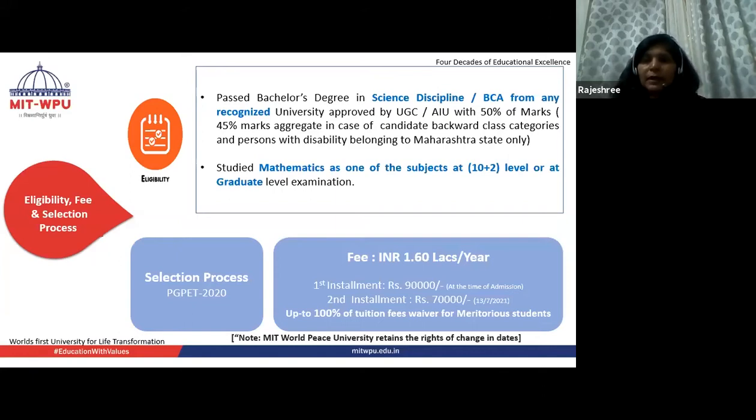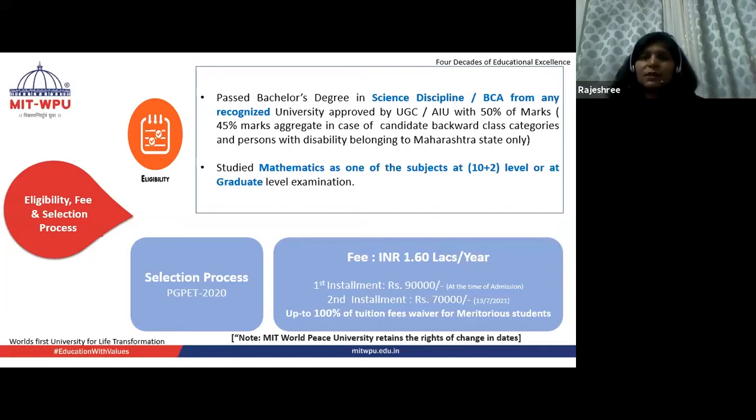The minimum passing criterion is 50% marks, and for the reserved category it is 45% aggregate marks. Is it mandatory to have mathematics? Yes. If you want to get admitted to MCA under the science faculty, it is mandatory to have mathematics either at the 12th standard, 10+2 level, or at the graduation level. So this is the minimum eligibility criteria for MCA Science.